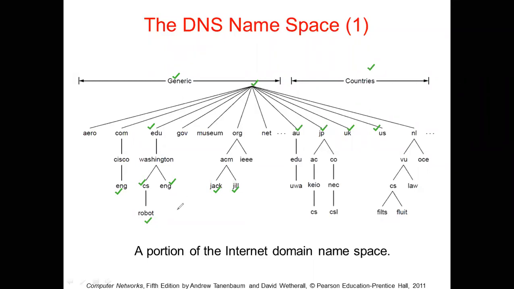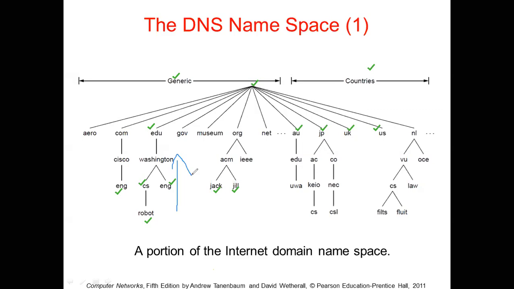Yes, ma'am. So if you're referring to robot, which is under the CS domain, under Washington, under edu, you would refer to it as robot.cs.washington.edu.